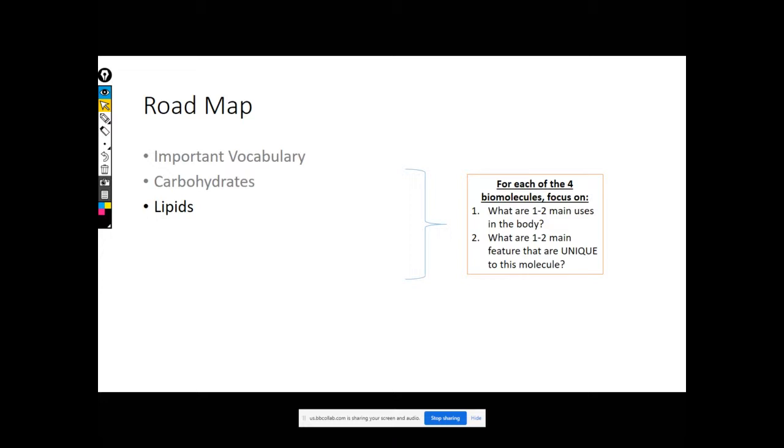And say, okay, what features can I use to recognize a lipid, and what makes this different from a carbohydrate, right? So we have that advantage. We didn't have that advantage with a carb, right? So you don't have anything to compare it back to. So keep these things in mind as we're moving forward.